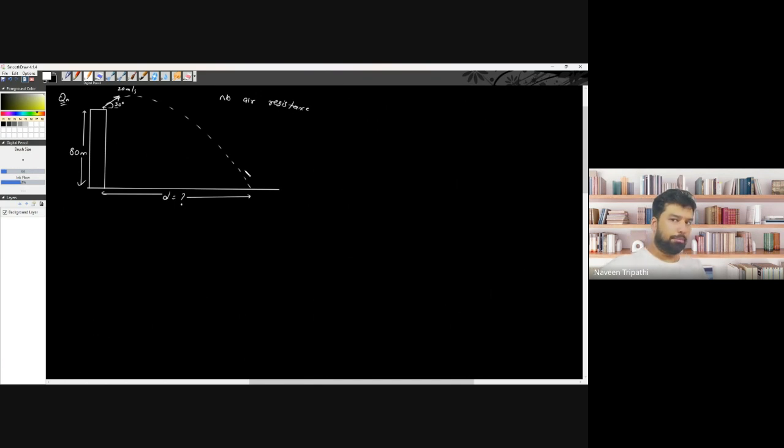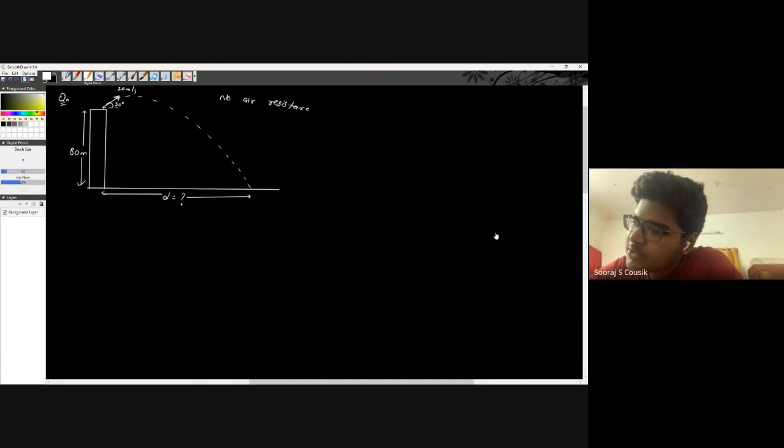Now, this is a parabolic path, but this is not a case of ground to ground because the level on which it lands and the level from which it started are clearly at two different heights.